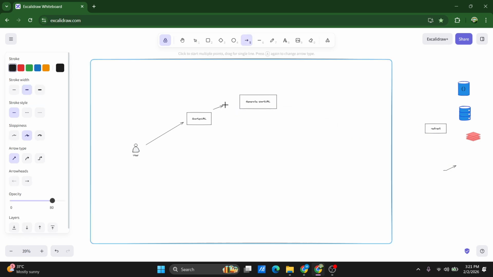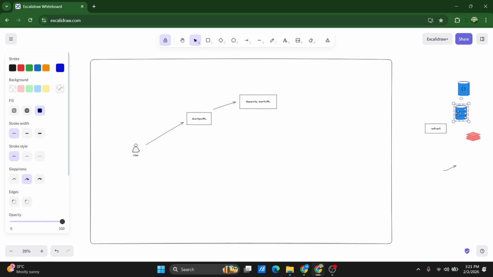The short URL server generates the short URL and checks in the SQL database, which stores the short URL and whether it is used or not.